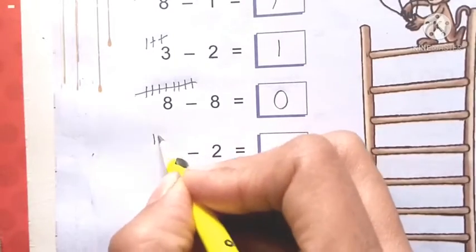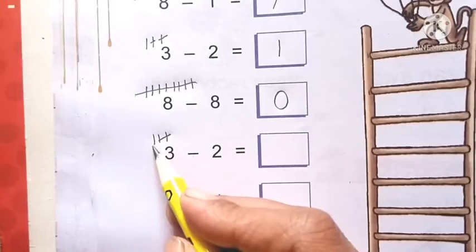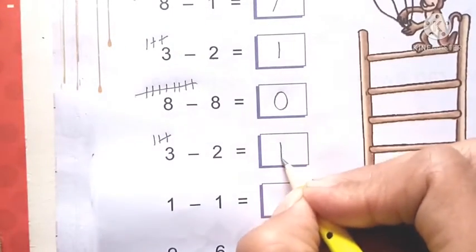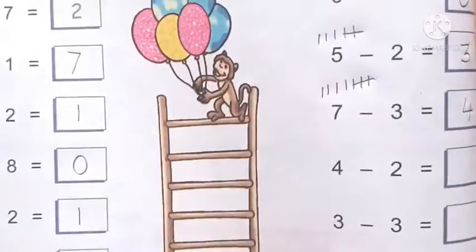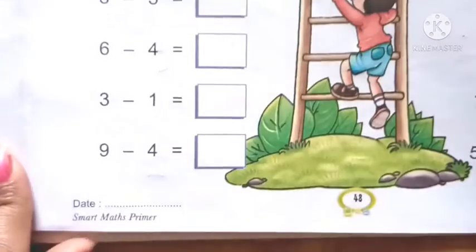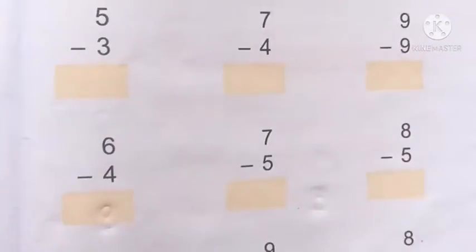Draw 3 lines and cut 2 lines. 1 is left. Write here 1. Like this you will complete this page. Page number 48. Next page is 49.